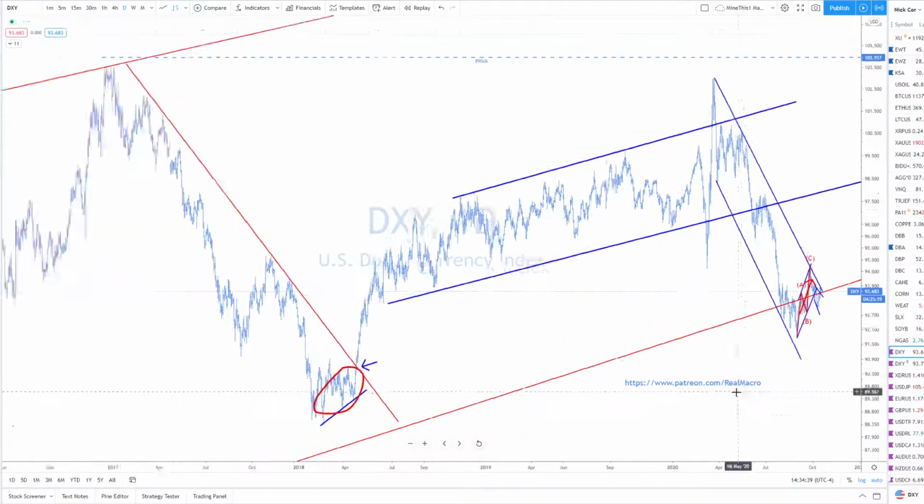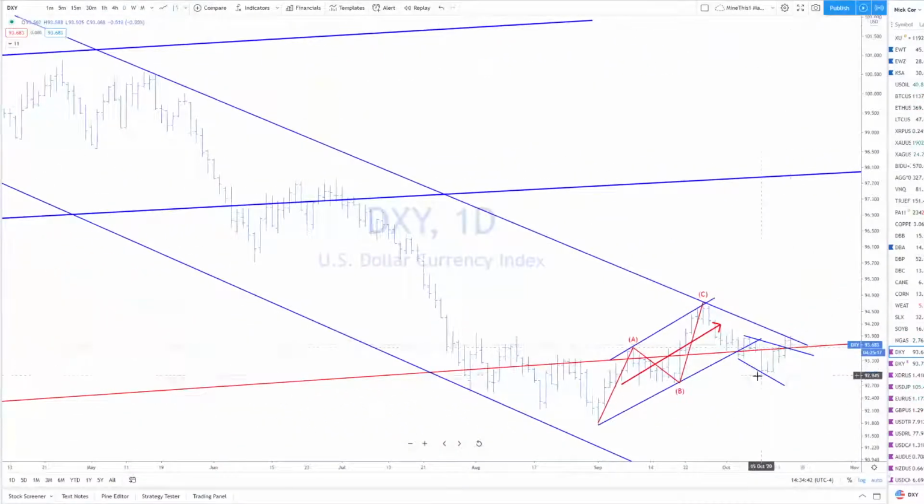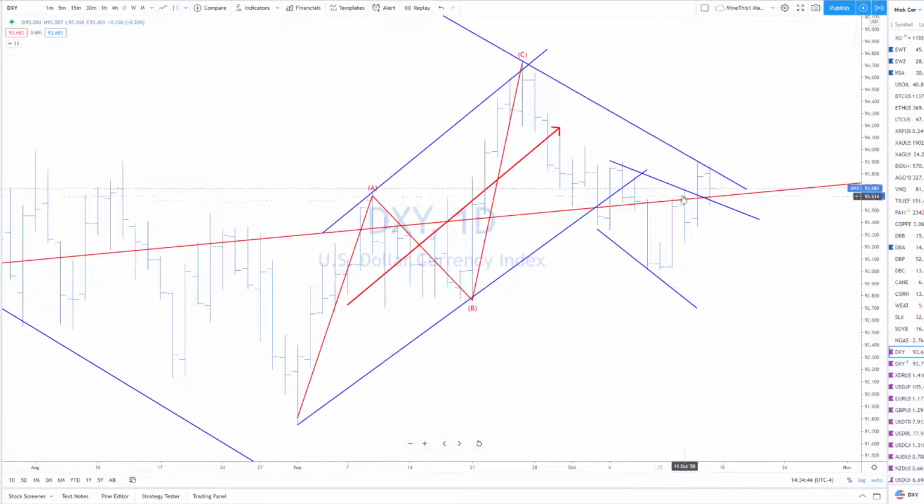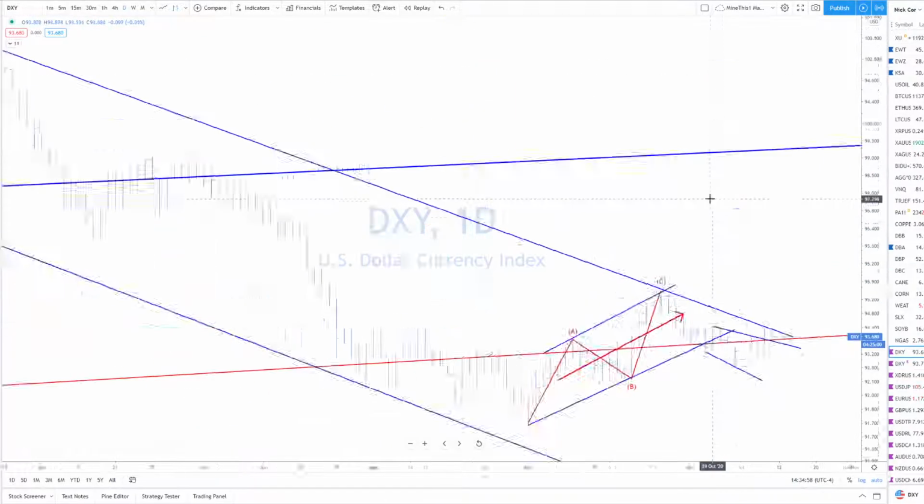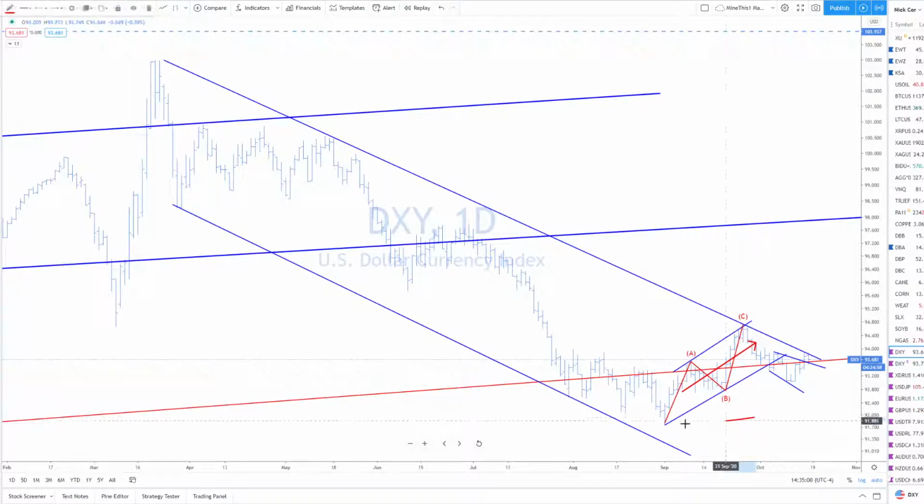Dollar. Let's look at the dollar. Okay, it's bouncing back down. It's not doing a very good job pushing through from this structure, right? So you should have seen some kind of a breakout. It didn't happen. It was denied by the longer term trend line.